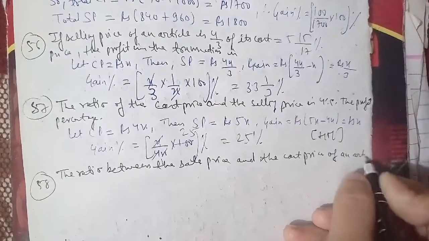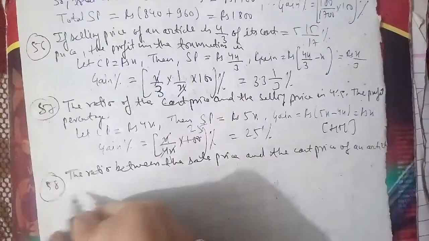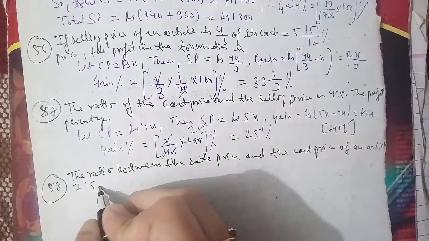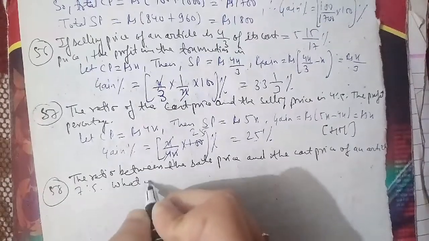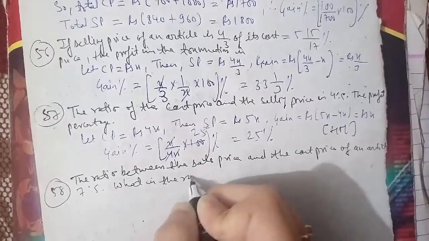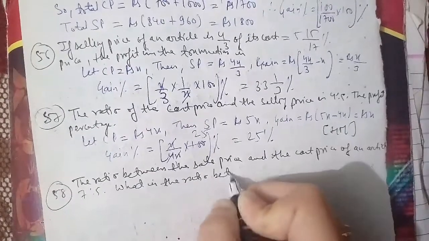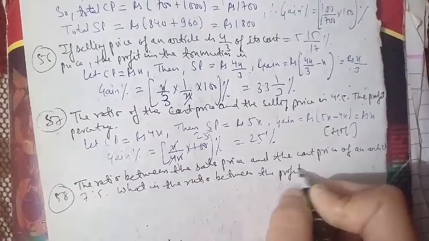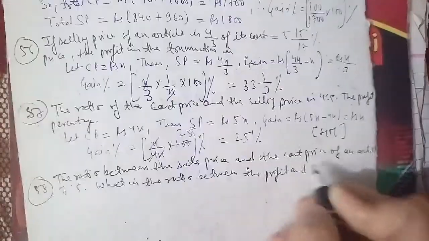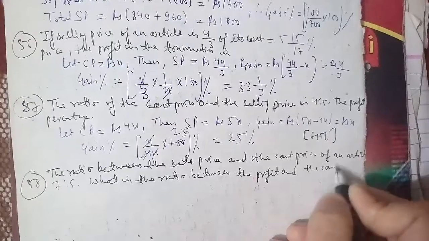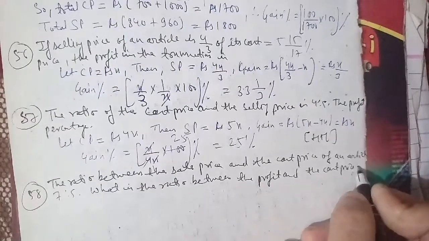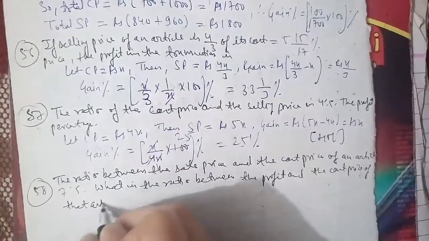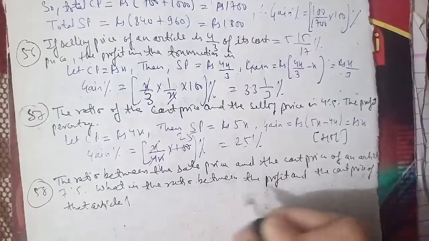What is the ratio between the profit and the cost price of that article? This has been asked in bank PO question paper. So 2:7, 5:2, 7:2, data inadequate, and none of these.